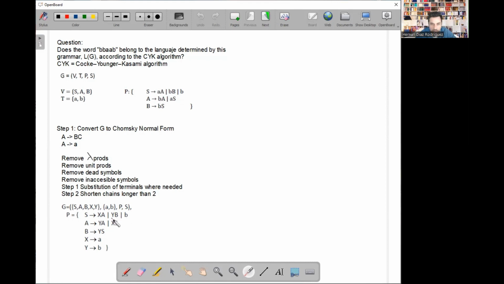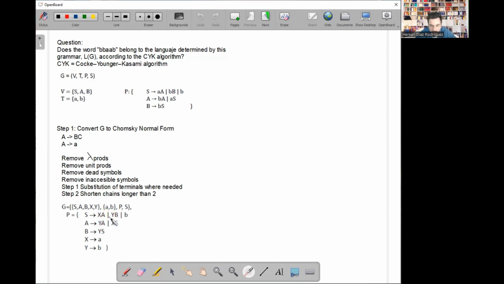So the new grammar in Chomsky normal form takes this shape, right? We introduce two new variables, X and Y, and then we replace lowercase a and lowercase b, which are the terminals, in all the productions where they appear chained with another variable, right? So as you can see, we have made these 5 substitutions here.